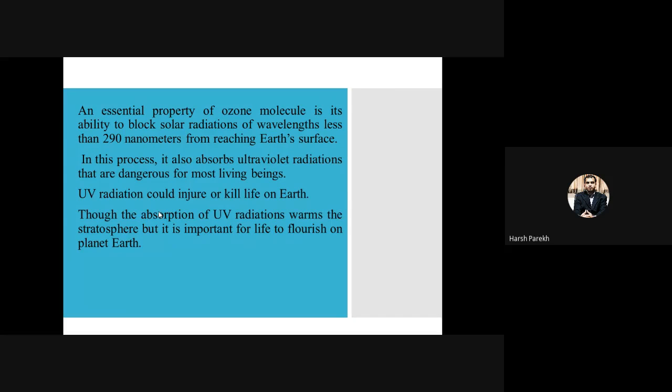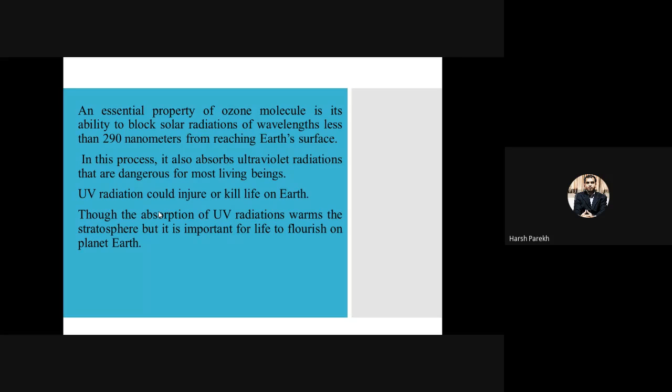The essential property of the ozone molecule is the ability to block solar radiation of wavelength less than 290 nanometers from reaching the Earth's surface. So what does this ozone molecule do? It resists the ultraviolet radiation falling directly to the Earth, having a wavelength of less than 290 nanometers, from reaching the earth.